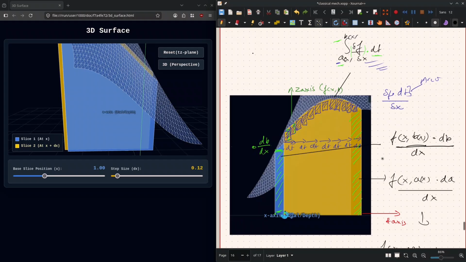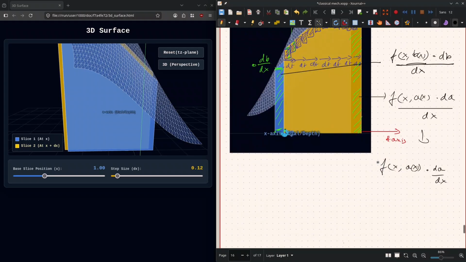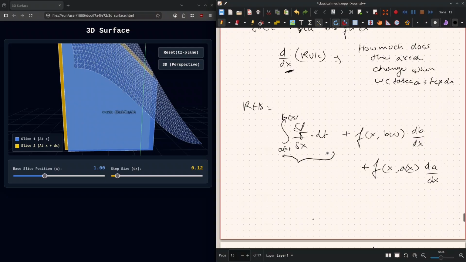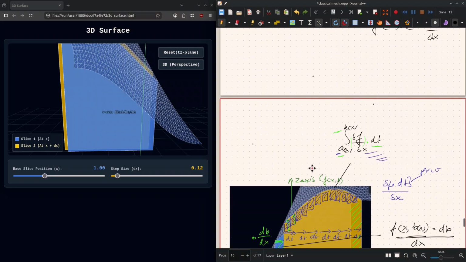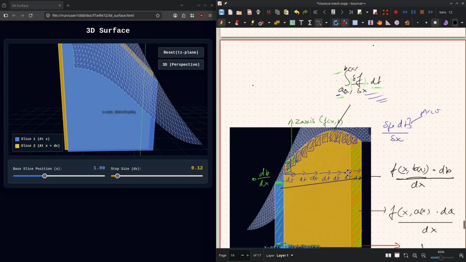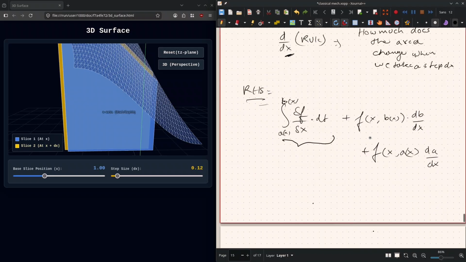Now, once we add all these three, we arrive at this equation. We arrive at this RHS, that is the area of the patch at the surface and the edges. These two terms account for the edges, and this term accounts for the surface.